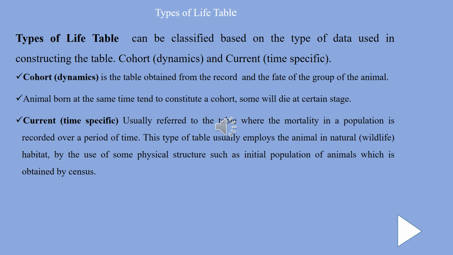Life table can be used to predict biotic potentials of animals. The structure of the table normally shows that number of young ones balancing the number of death. Both the number of death and birth rate are constant in the life history of the population of the animal.